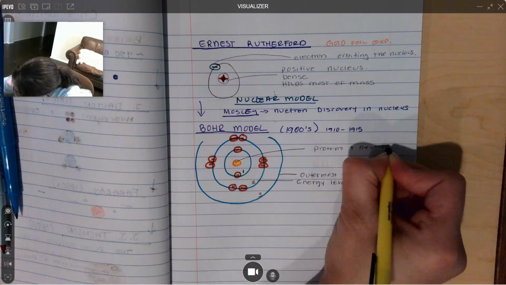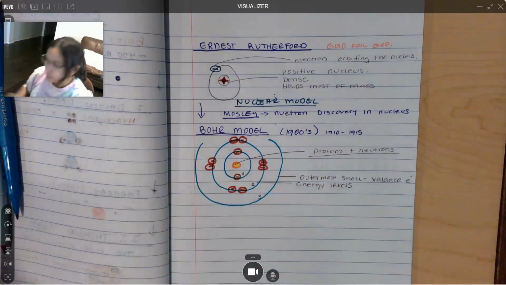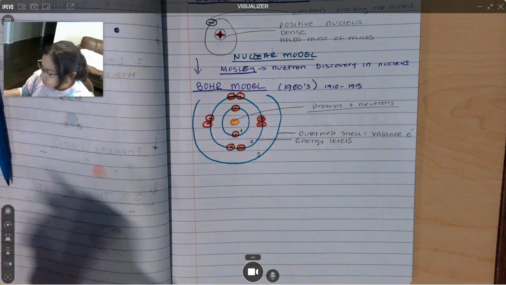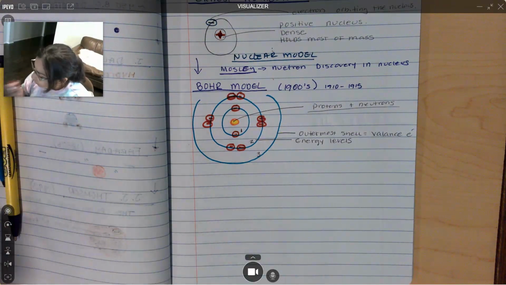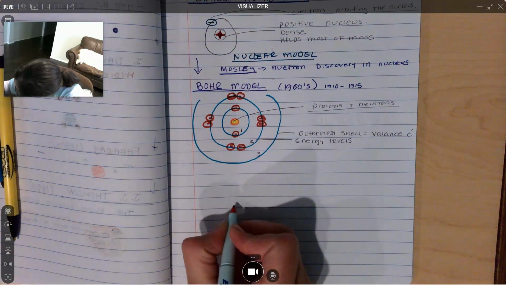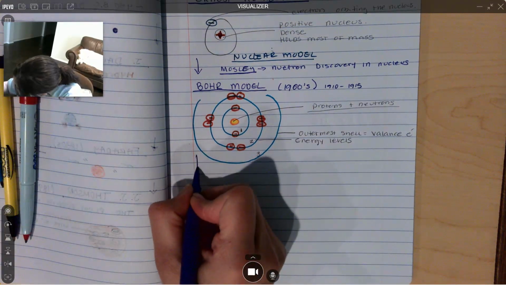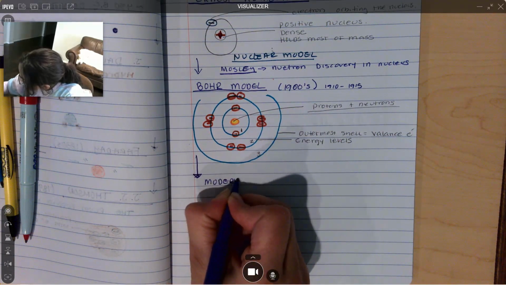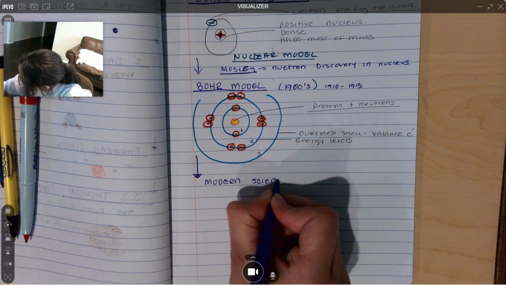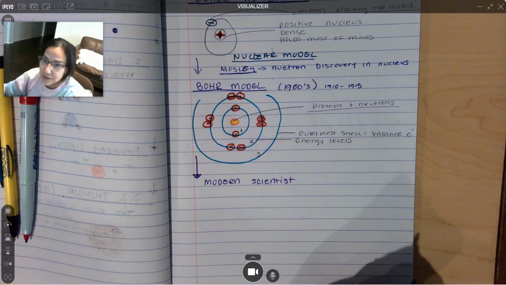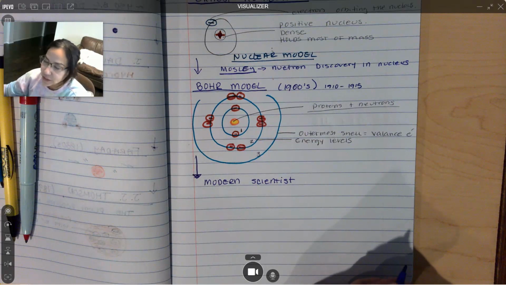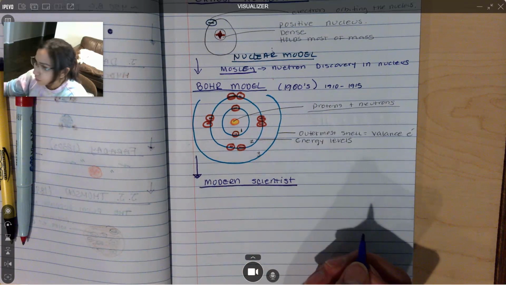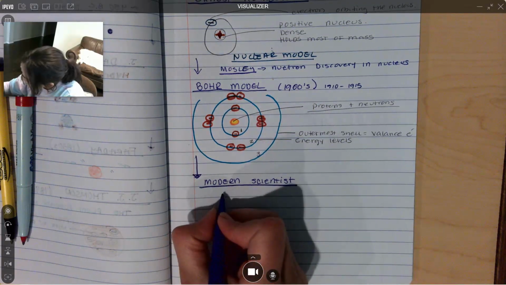And you're like, why did we recap all of this? Well, we recapped all of this so you could understand where the quantum model is actually coming from. So in our quantum model, we're going to have our nucleus. So now we have the quantum model. And this is all modern scientists, because it's no longer one scientist that did main discoveries, that did all this hard work. Now it's a whole bunch of students and professors and teachers working together and went, I think we figured something out.